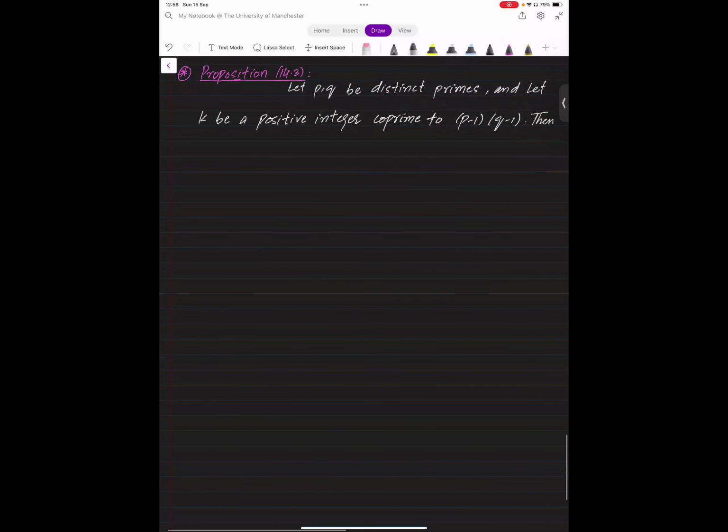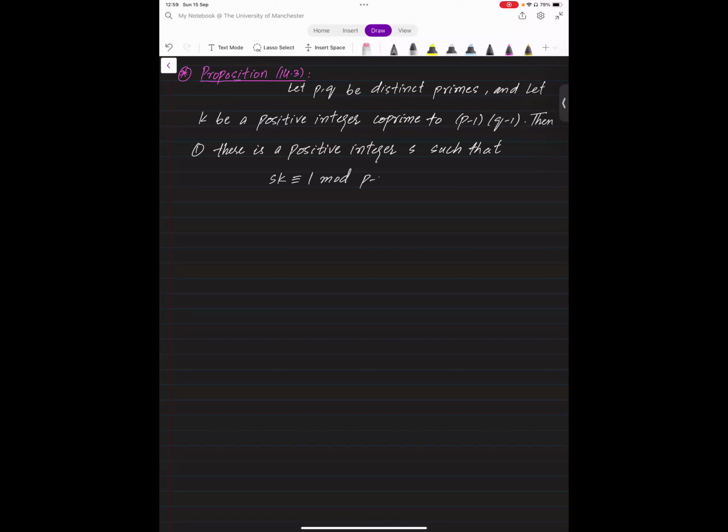Then, 1: there is a positive integer s such that sk is congruent to 1 mod p minus 1 and q minus 1.